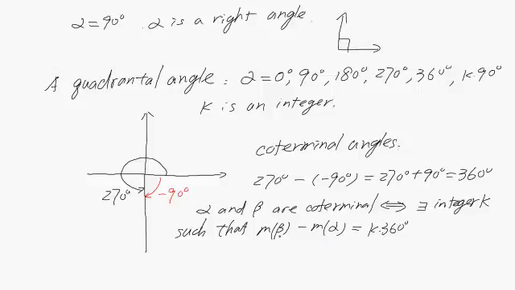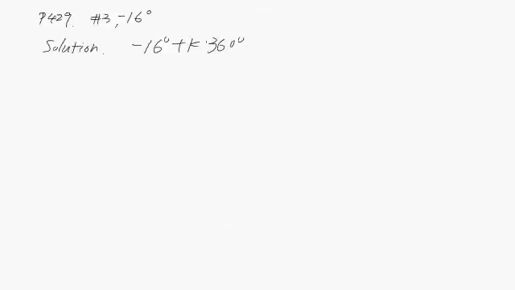So right now, we may use alpha to express the beta. So we have the m of beta equal to m of alpha plus k times 360 degrees, right? So right now, the m of alpha for this problem 3 is equal to negative 16 degrees. So right now, the beta can be written in such a form.